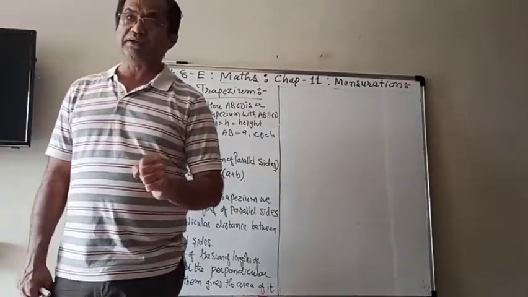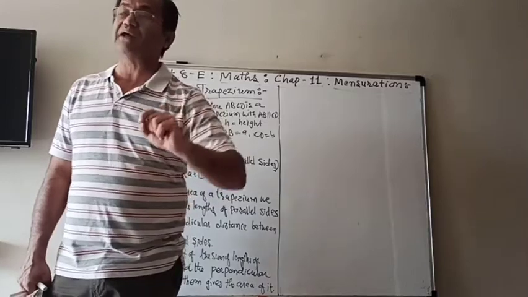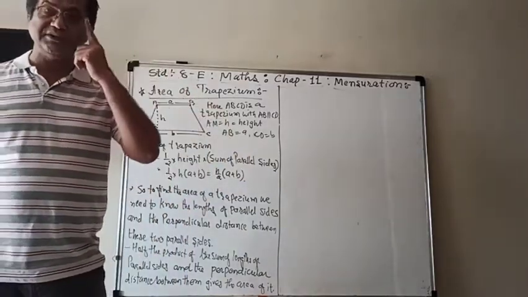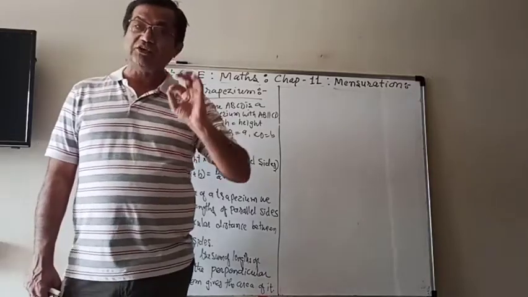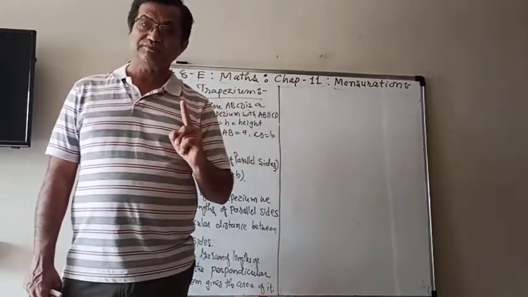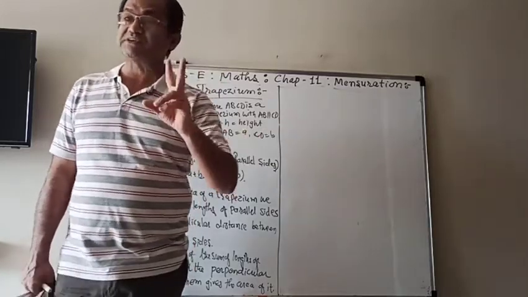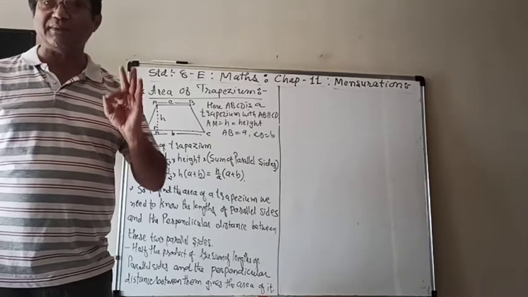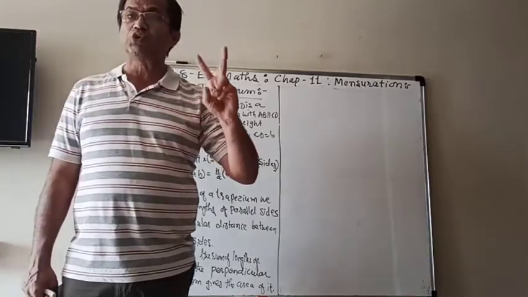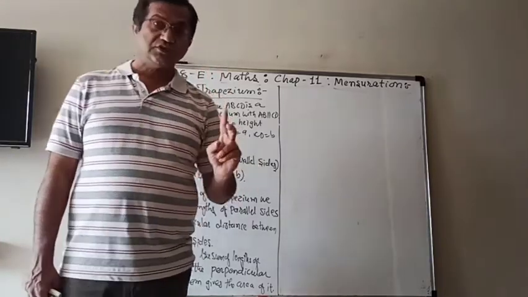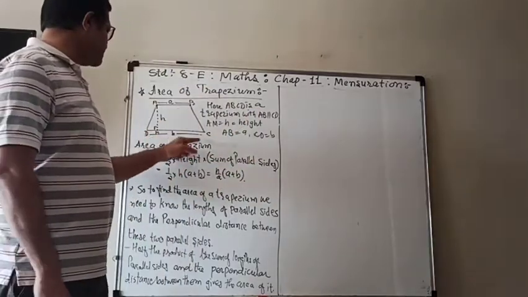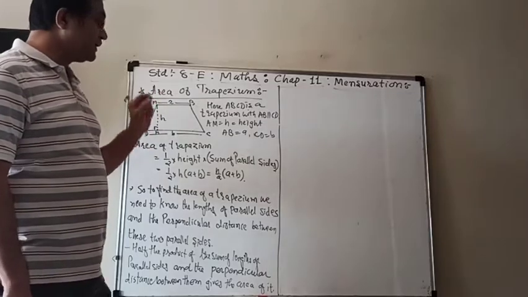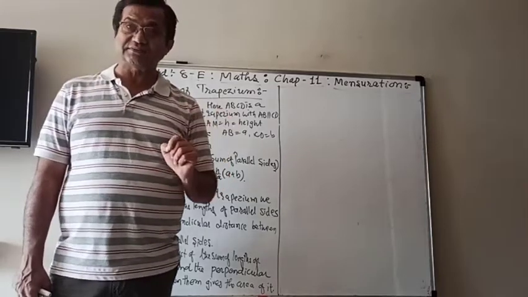It means, what are the requirements? If you want to find the area of the trapezium, the required things are, first, the length of these parallel sides. We must be familiar with the length of the two parallel sides. So AB and CD are parallel lines, so we have to know the length of these parallel sides.